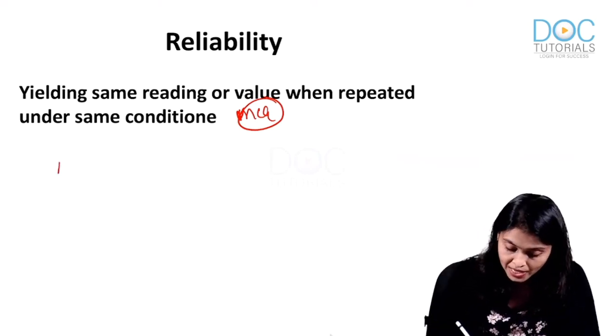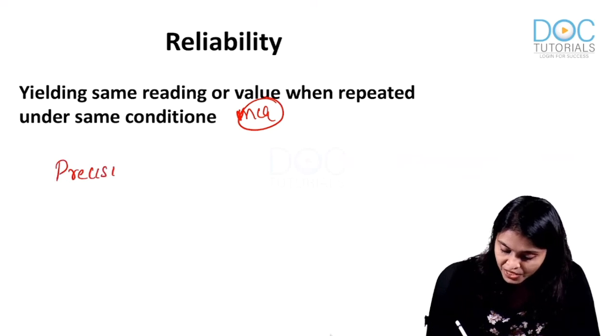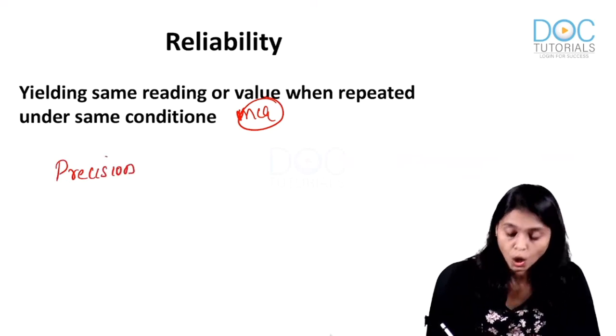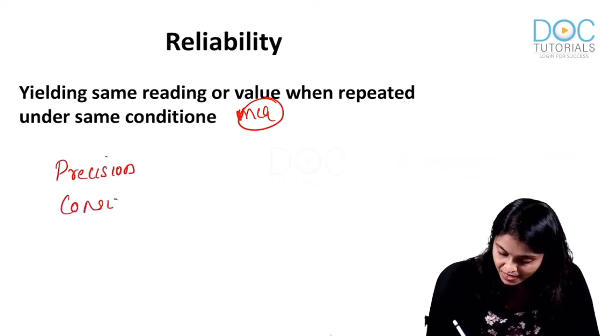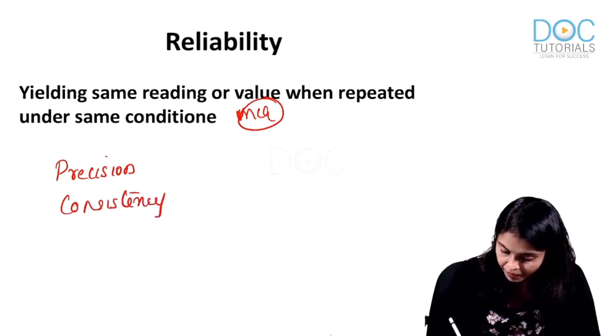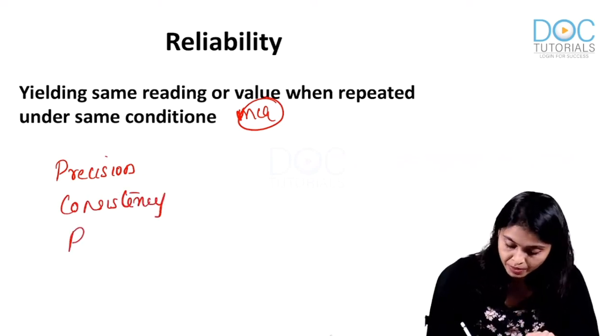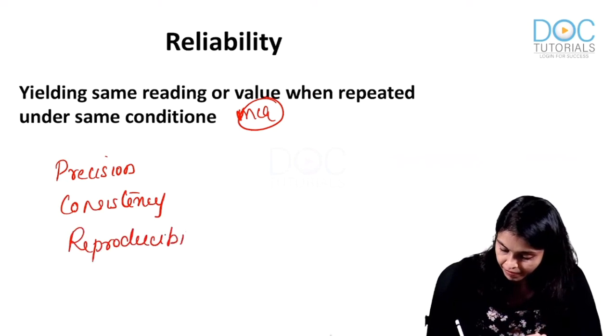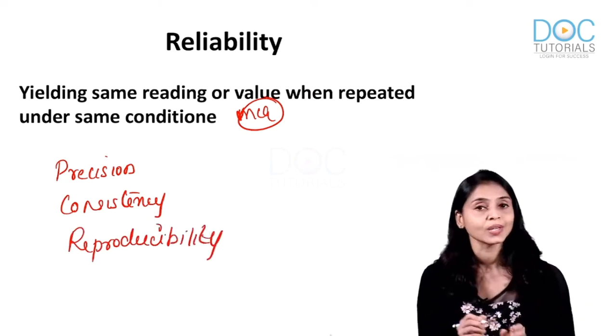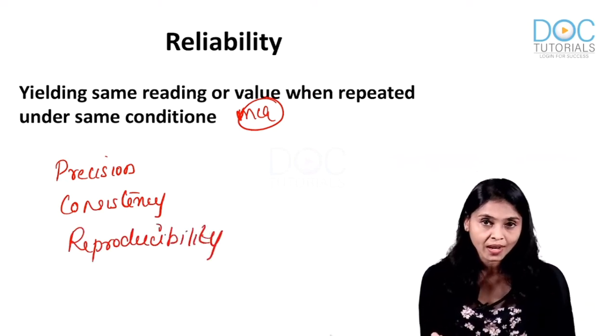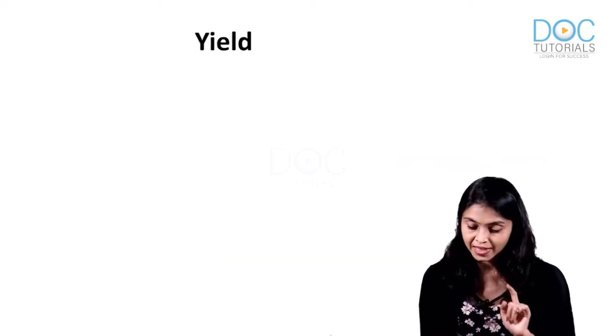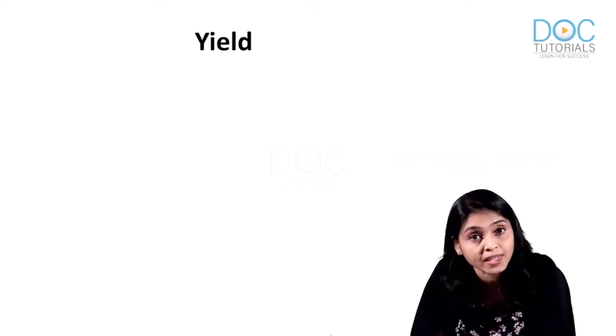It is also known as precision or consistency or reproducibility. These are also MCQs.